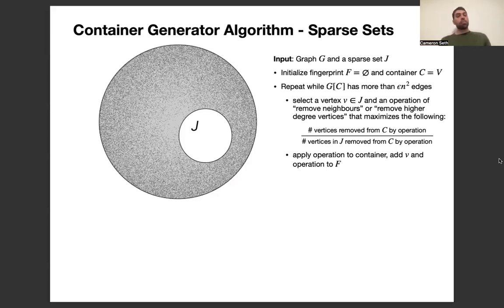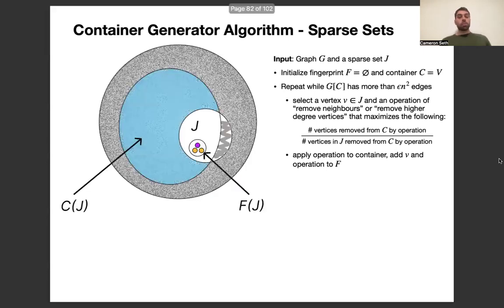So what would this look like if we have some sparse set J? After some number of steps, we'll have these fingerprint vertices, which I've sent, and from that we also have a container, which may accidentally remove some of J, but hopefully it'll contain most of J.